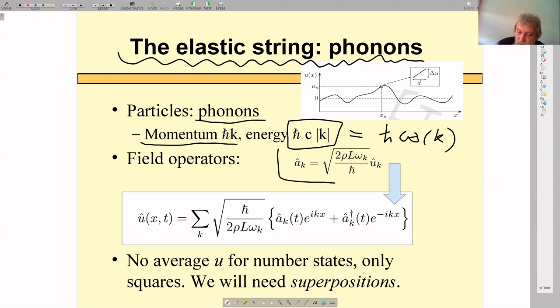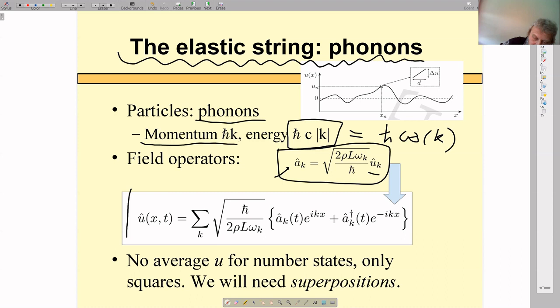Here it is. So what I did, I took an expression for a normal coordinate, which we have derived in the previous lecture, and called it a. And from that, I expressed back the displacement. So u_k is an oscillation amplitude in each oscillator mode of discrete k. Good.